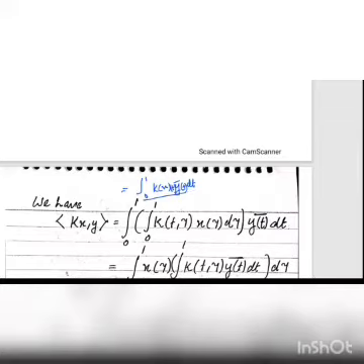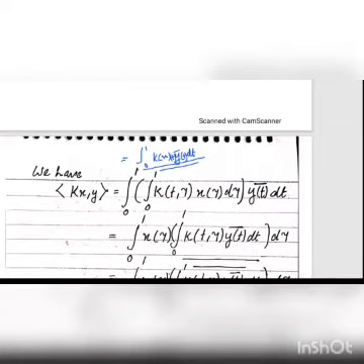Okay, so this is the general inner product. So instead of kx, we can replace kx with its value. So this is the value of your kx. So kx of t into y of t bar dt.